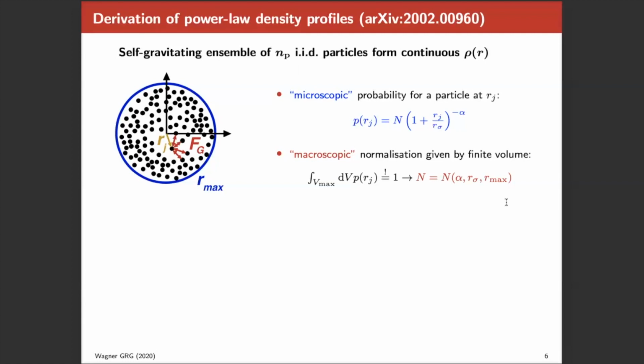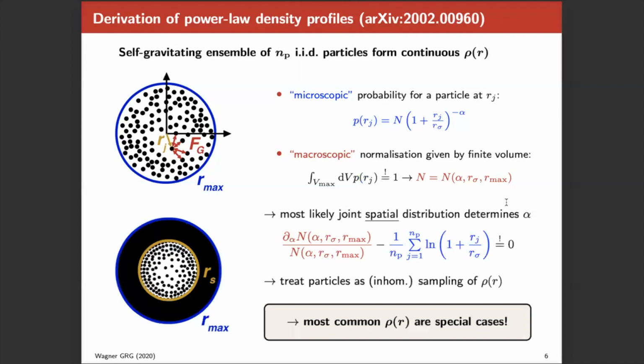Now we can ask, what is the most likely configuration of all of these particles? And this allows us to gain an equation which connects the macroscopic mass density function, and in particular the unknown power law index, with a realization of this particle ensemble, which gives us the power law index over this equation.